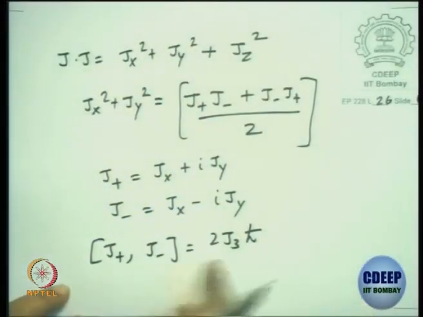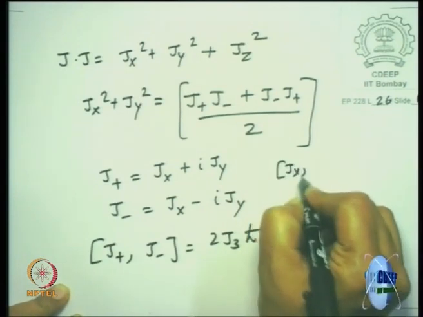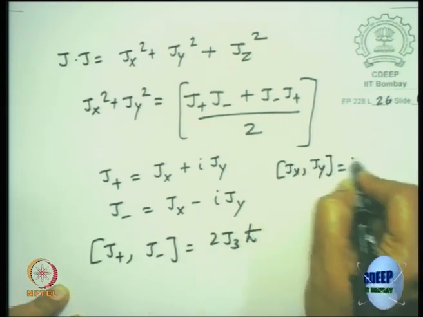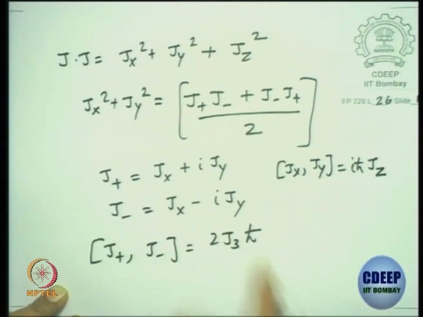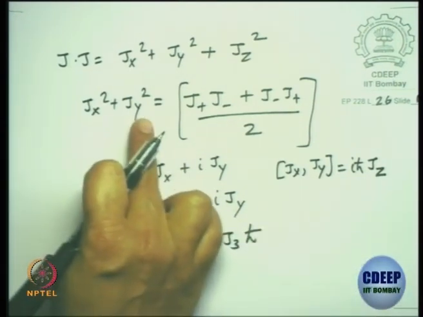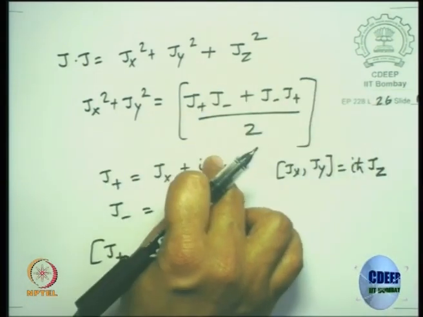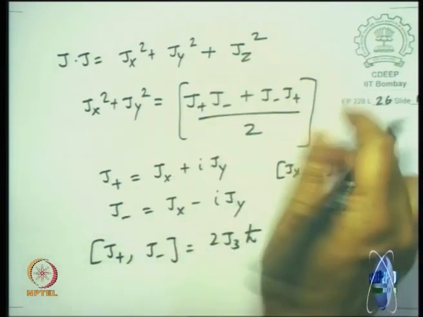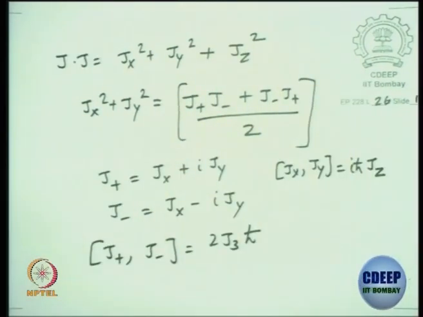This can be derived using the fact that the commutator of Jx and Jy is i h cross Jz. Use this fact and you can derive this. So Jx squared plus Jy squared is this, and Jz squared you can just write, add to it, and that will give you the J dot J.